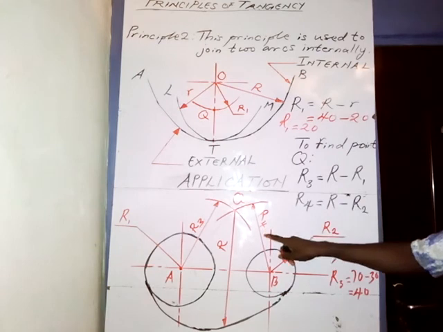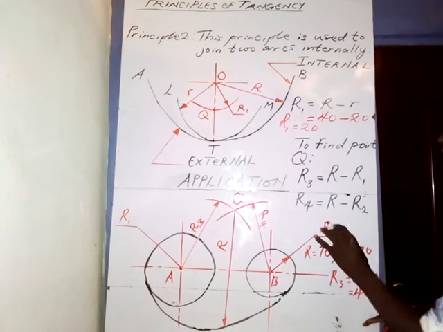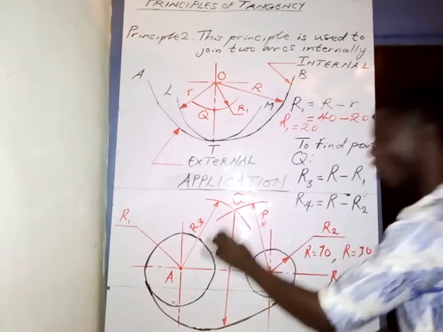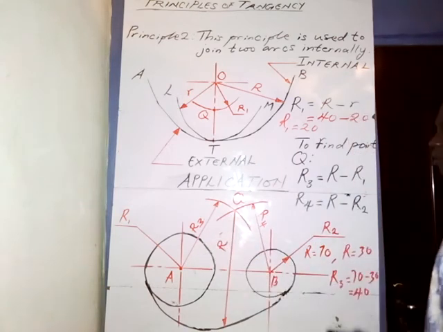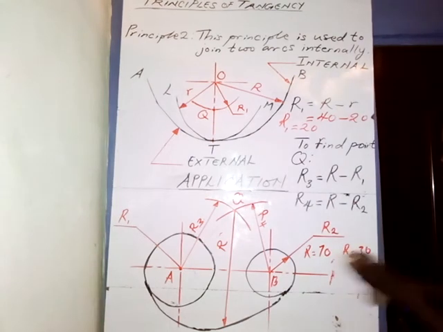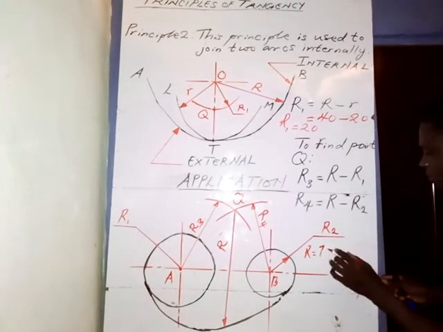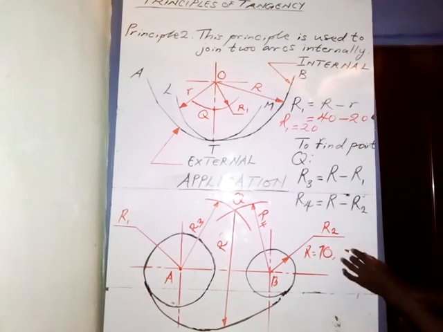For you to get R4, you just need to subtract the radius of the smaller circle, which is R2, from this R. So we still have R to be 70. Let's assume that the radius of the smaller circle is 15.